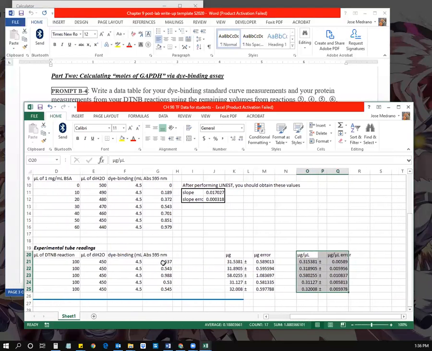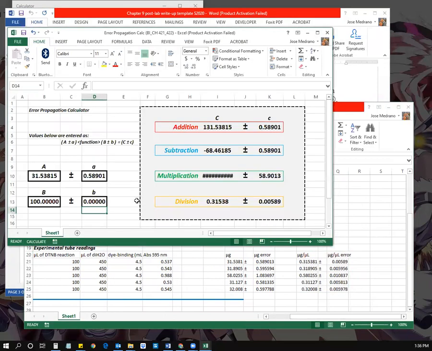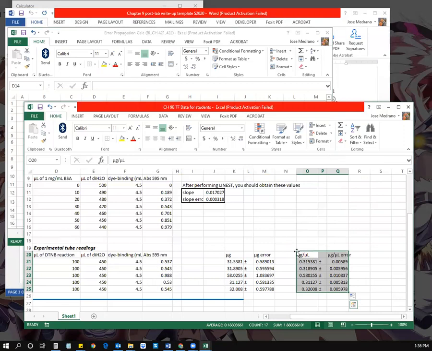So going from absorbance to micrograms, you have to start incorporating error because your slope also has error with it as well. Like I said, use this error calculator that I provided for you. Otherwise, if you don't want to, you're just going to have to do everything by hand if you're going to be calculating these things without some sort of aid.